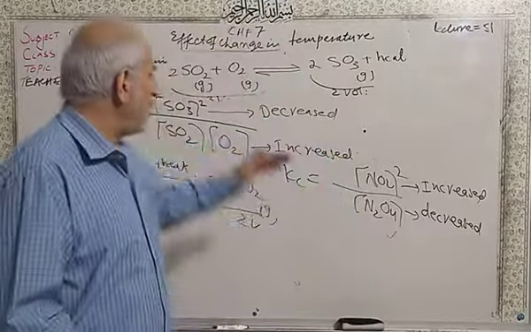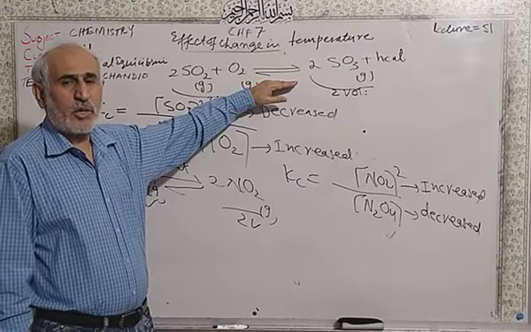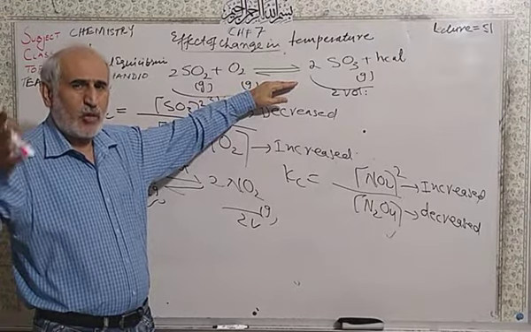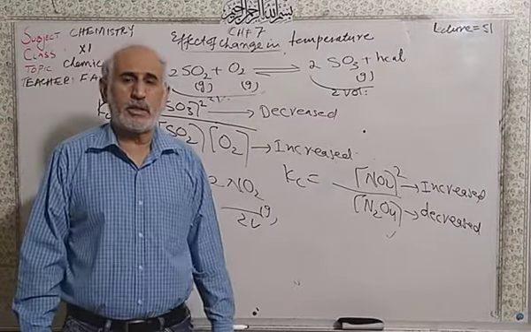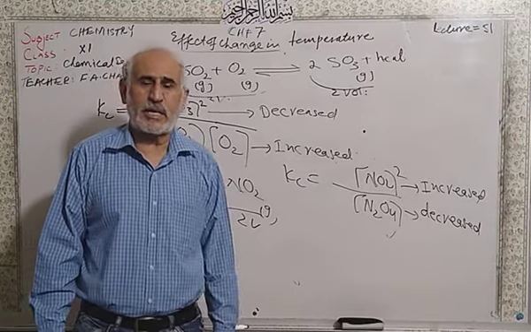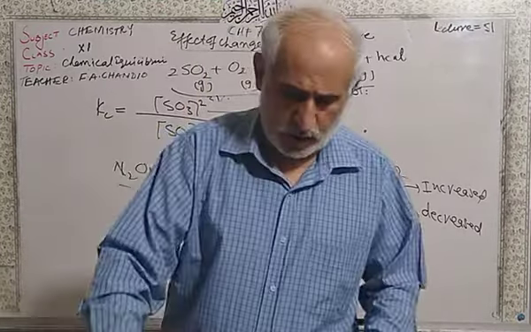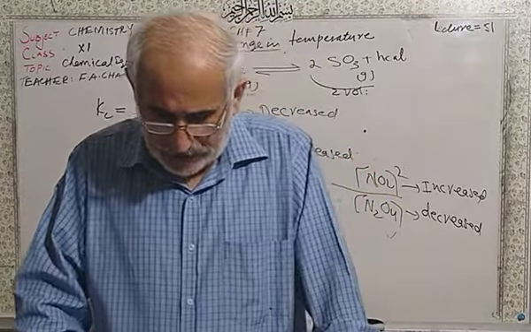So when I increase the temperature on this system, the Kc value is going to be decreased. A low value of Kc shows that the reaction goes in the backward direction, the reverse side, the reactant side. This is a phenomenon. The same case is given here for nitrogen dioxide.